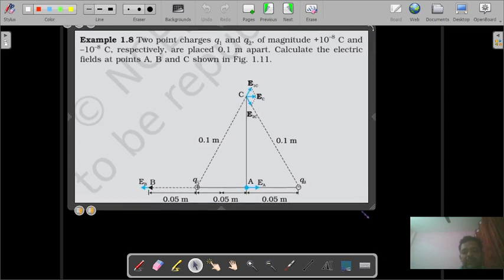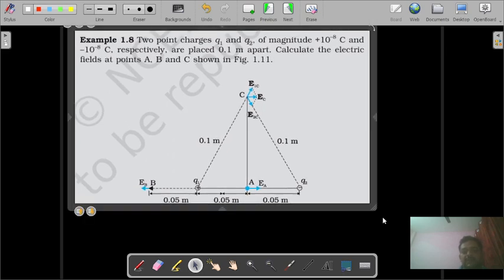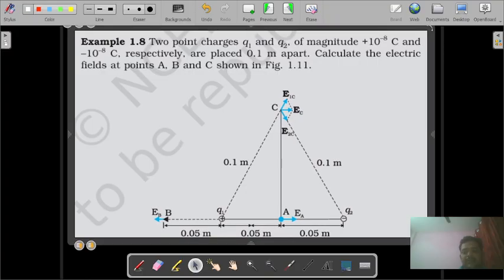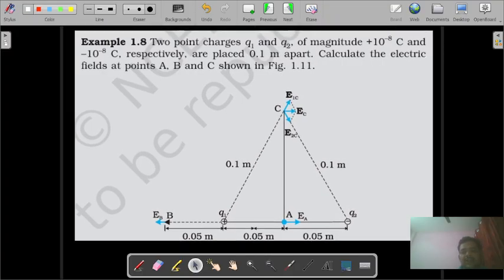So here in the figure you can see we have the points A, B and C, and we want to determine the electric field at these points. So we want the electric field at this point A, at this point B and at this point C. We have these two charges q1 and q2. This question is from an NCERT example.